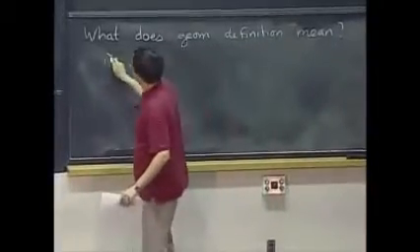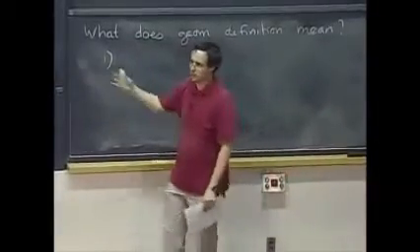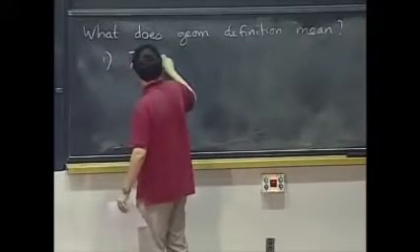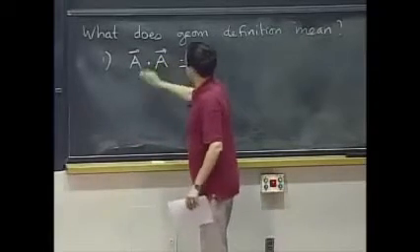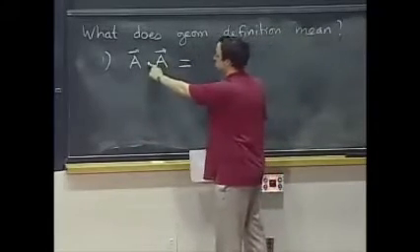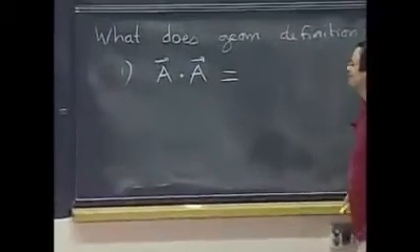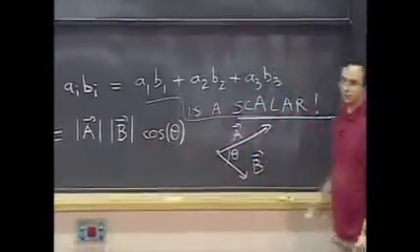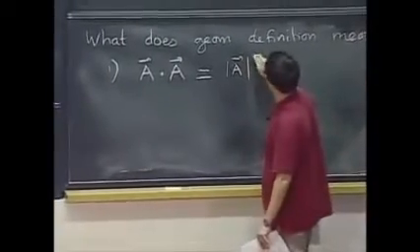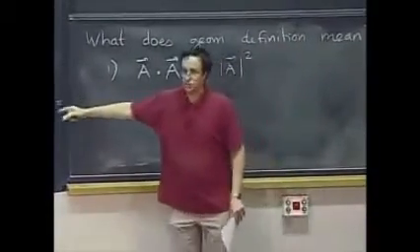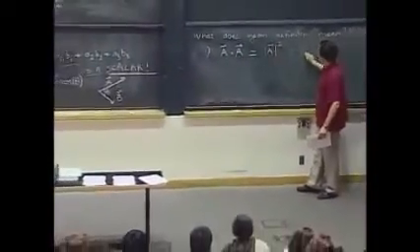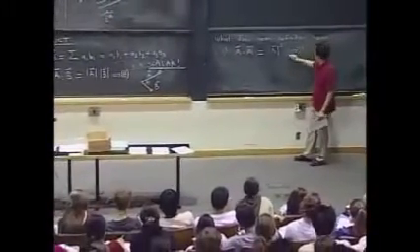Well, the first thing it means, before we multiply two vectors, let's start by multiplying a vector with itself. That's probably easier. So if we multiply a vector A with itself using this dot product, by the way, I should point out we put this dot here, that's why it's called a dot product. What this tells us is we should get the same thing as the length of A squared times the cosine of the angle, but now the cosine of an angle of 0, you all know is 1.